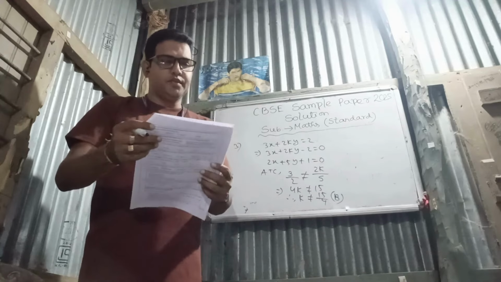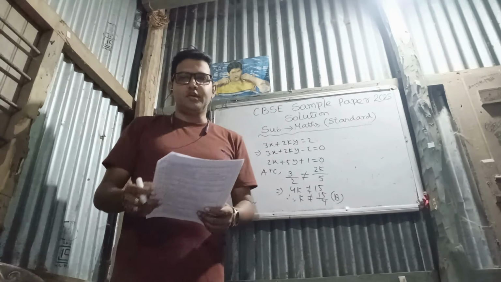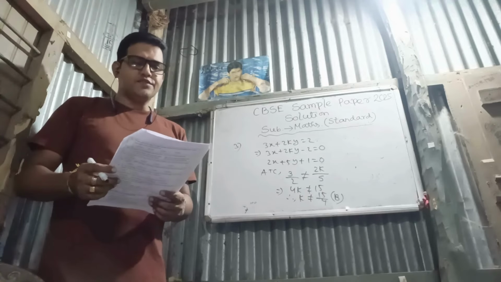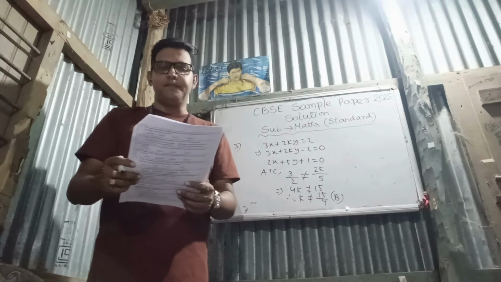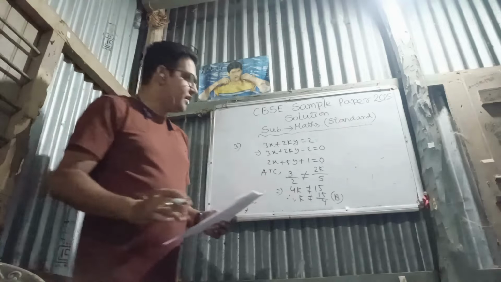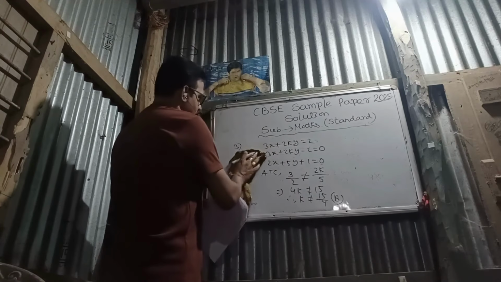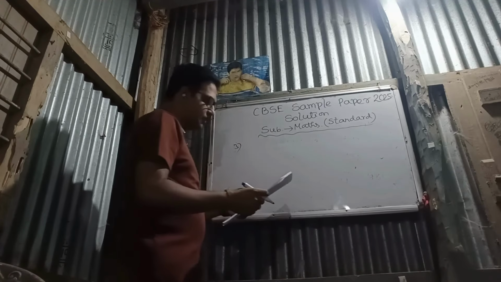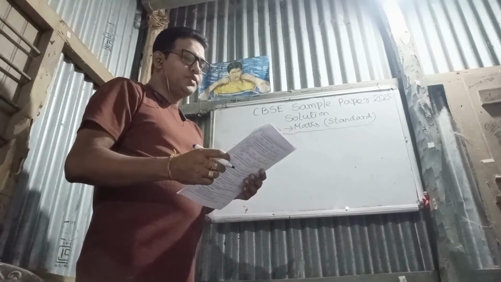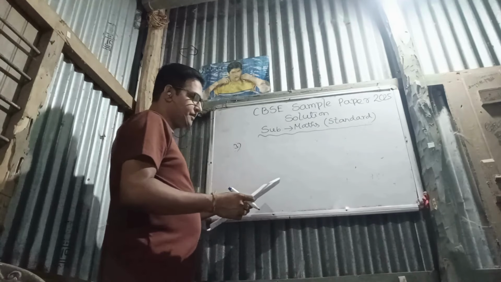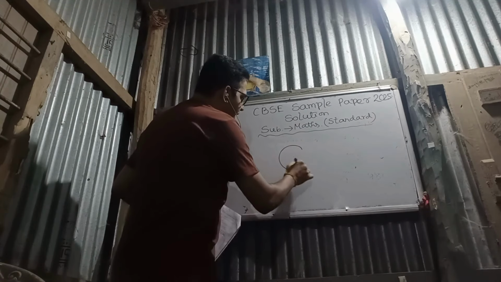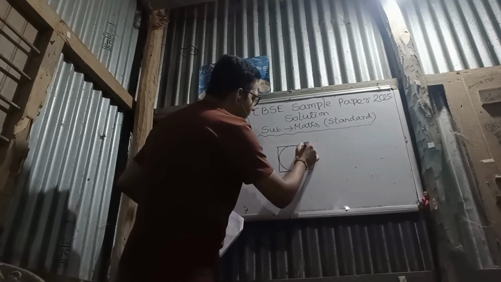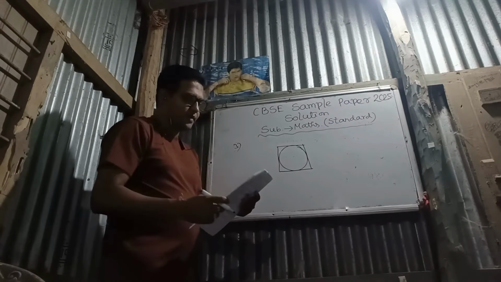Now we are moving to question number 4. A quadrilateral ABCD is drawn to circumscribe a circle. Okay, let us draw the figure first. So let me construct a circle and a quadrilateral that has circumscribed the circle.